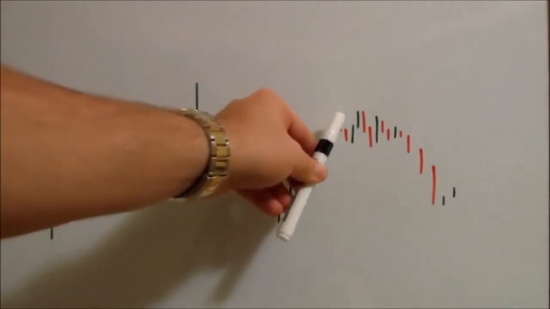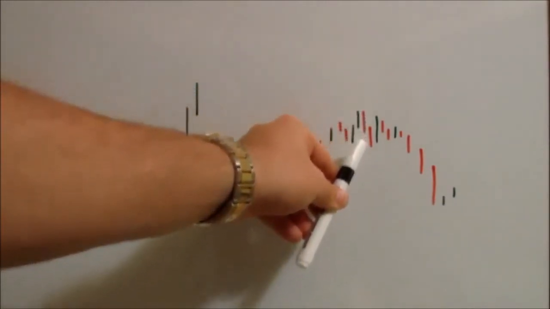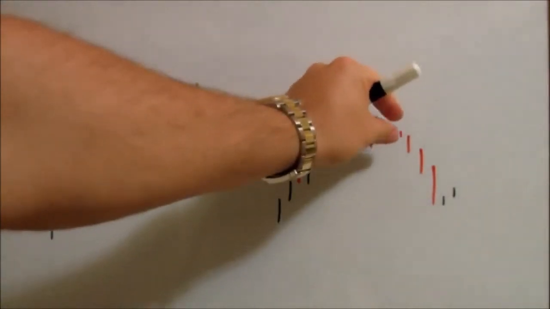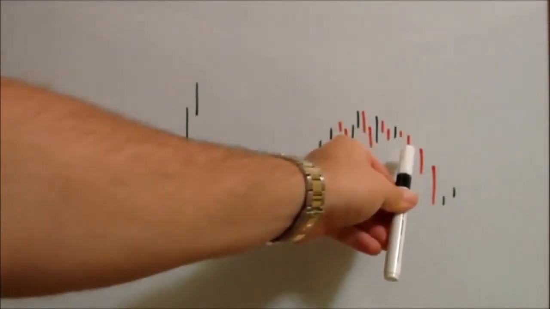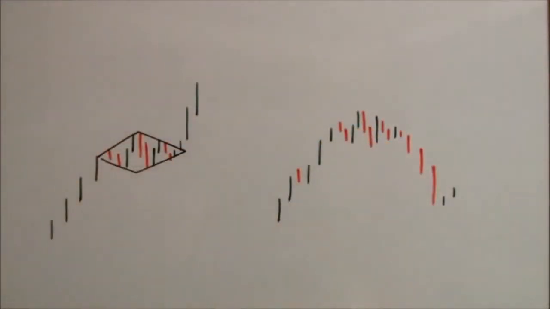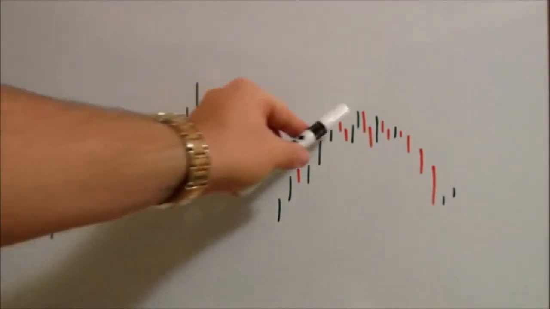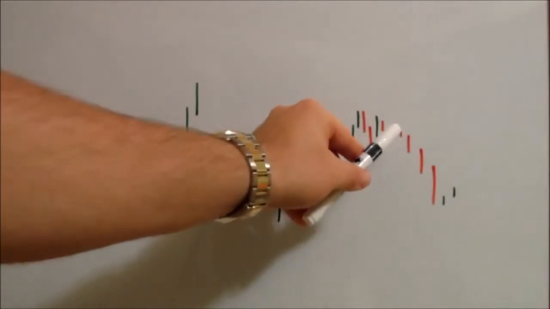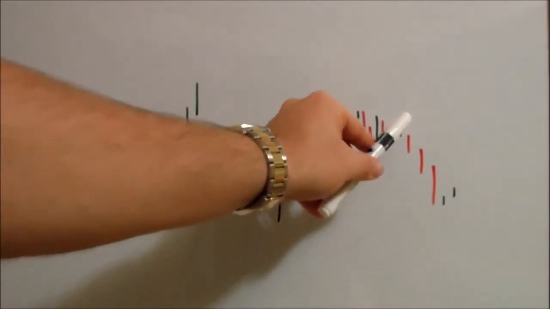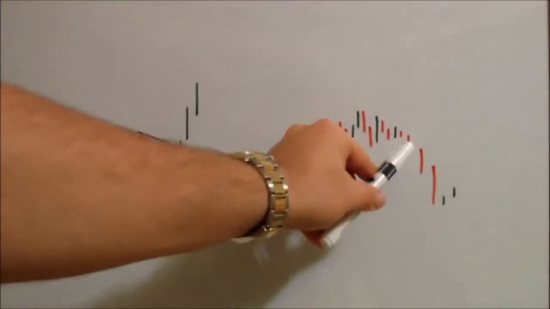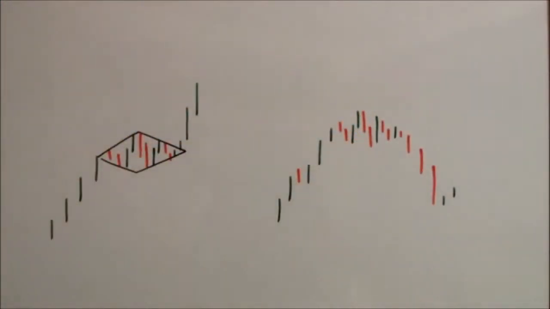Same here, the market ascends, the market starts to swing more violently and then it contracts again like a coiled spring, and then the break comes on the downside and you get quite a lot of downside action. So when you see a diamond formation, do not trade it until you get a signal, which is a close above it or a close below it, to know if you're going to go upwards or downwards. It's like a coiled spring.